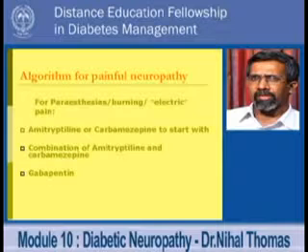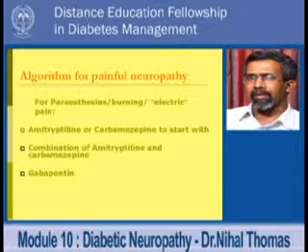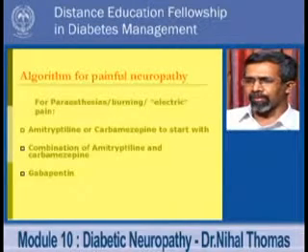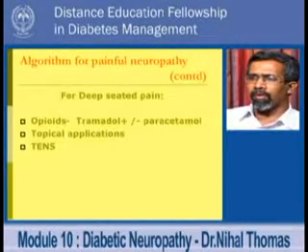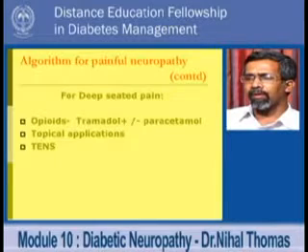You could even try a combination of an anticonvulsant and an antidepressant together, even though there aren't many controlled trials looking at these combinations. For more deep-seated dull aching pain, paracetamol would work, and if it's refractory, one would add on a semi-opioid agonist, tramadol, in combination with paracetamol.